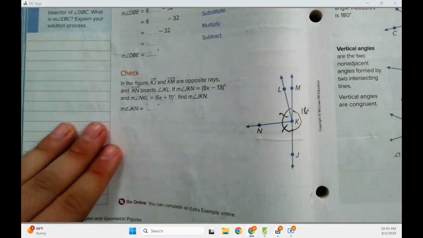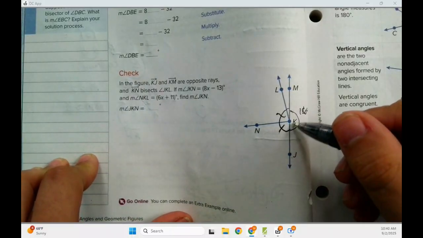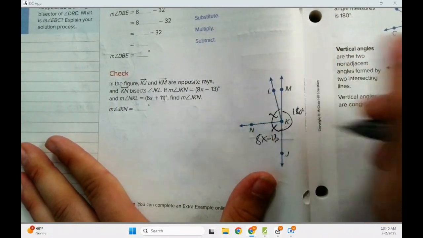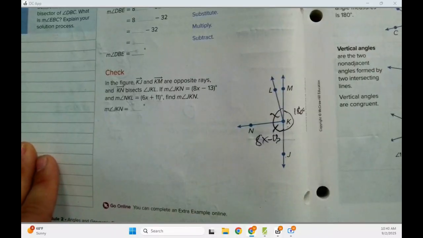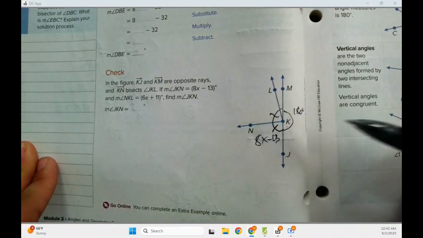Okay? It says that the measure of JKN is 8x minus 13. And then NKL is 6x plus 11.